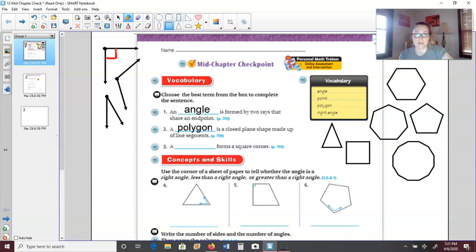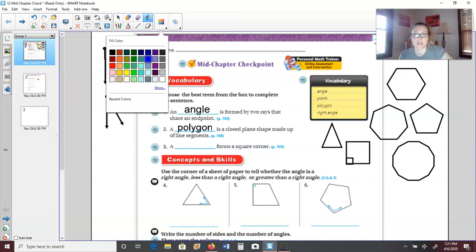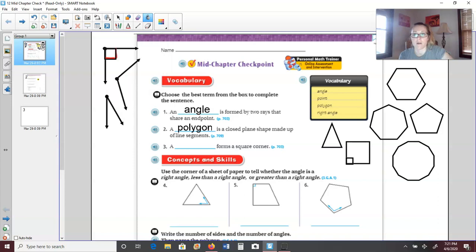And a blank forms a square corner. So for instance, I'm going to take my square polygon and I'm going to show how we can make a square corner within a square because it has a particular type of angle. And I did that up here when I made the angle. But when we do that, it makes a perfect 90-degree right angle.